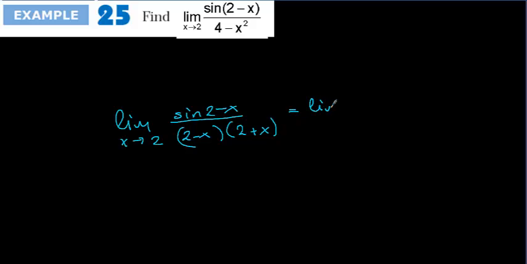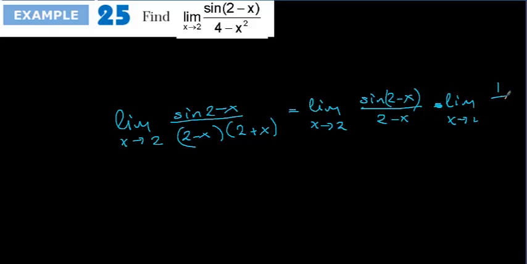This is going to be equal to limit x tends to 2, sine 2 minus x over 2 minus x, times limit x tends to 2, 1 over 2 plus x. As you see here, limit x tends to 2, 1 over 2 plus x is 1 over 2 plus 2.